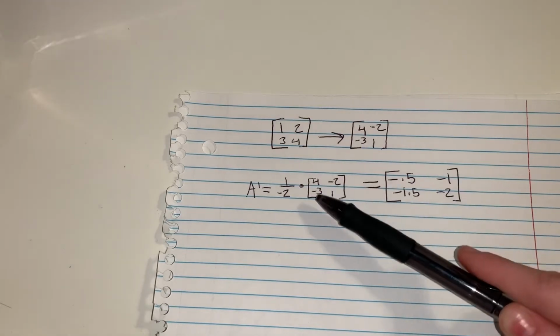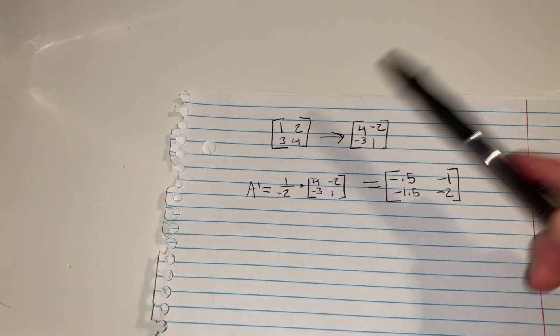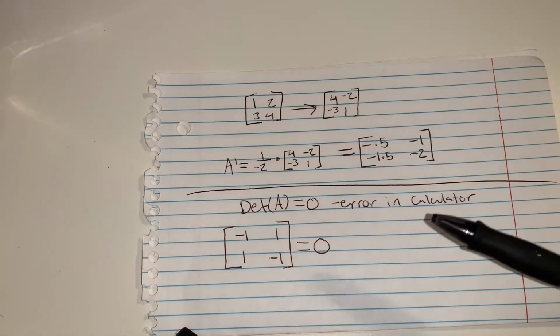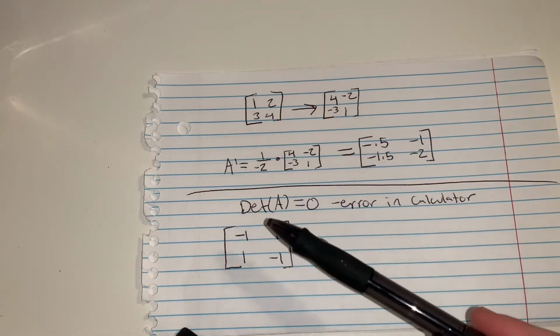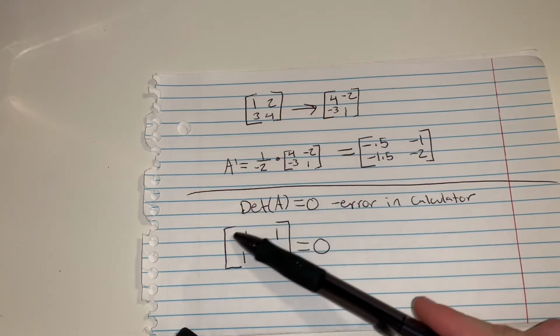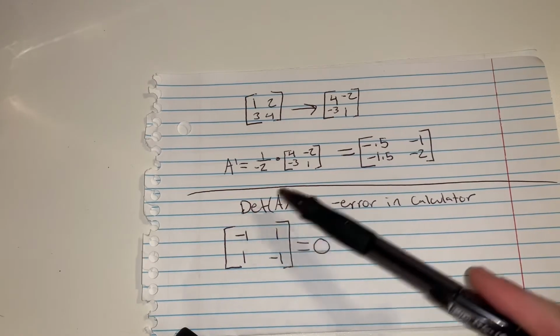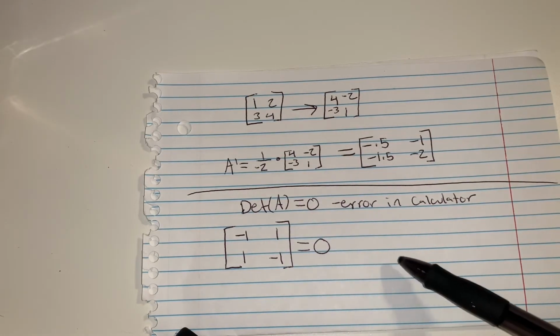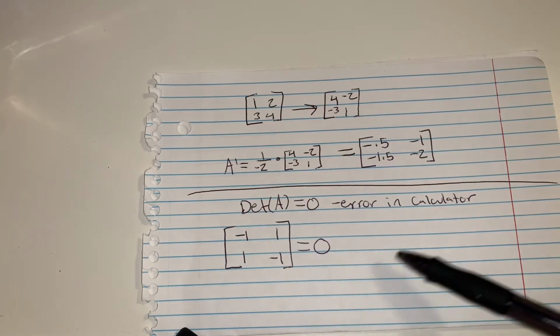This will be your inverse of this equation or matrix. Sometimes this does not work and you will have an error or a 0 in the count. This is an example of a matrix where you cannot find the inverse. This is where the determinant of A, which in this case is this equation or matrix, equals 0. When it equals 0, you cannot find the inverse. When you plug this in, it will not turn out right.